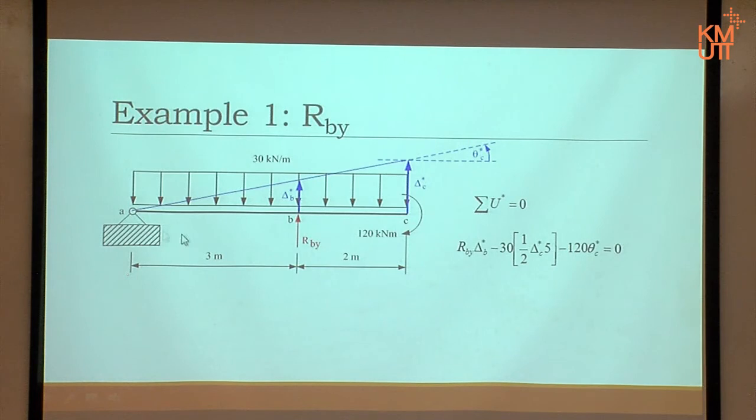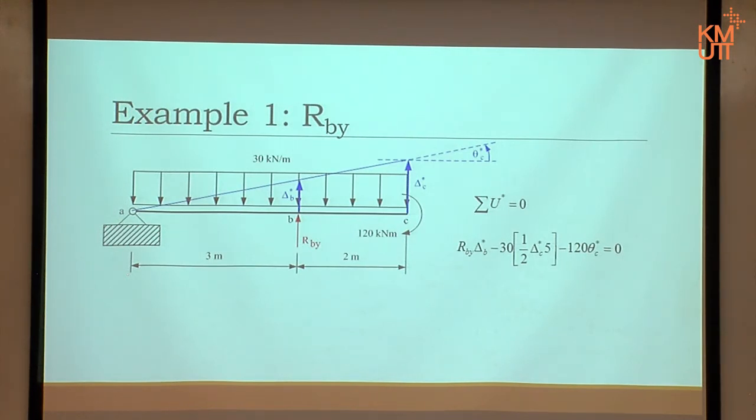Correct? That angle, if we move just a small amount, that angle is about 90 degrees. Okay? This movement is actually small. We just draw it big so that we can see it. Therefore, the total area will be a half times the height and the base. Right? A half, the height is delta C star, the base is 5.